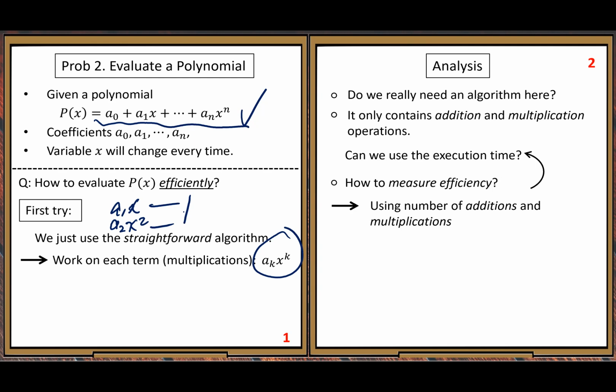X squared, do you need a multiplication for x squared? Yes, just one, right? It's x times x, then multiplication times a is 2, right? Yeah. When k equals 3, how many multiplications do you need? 6.